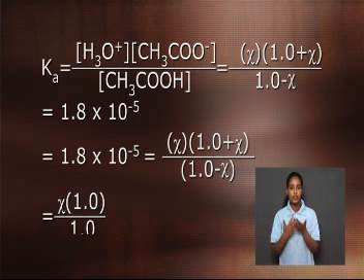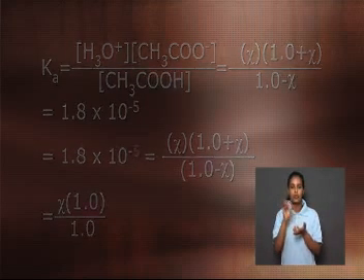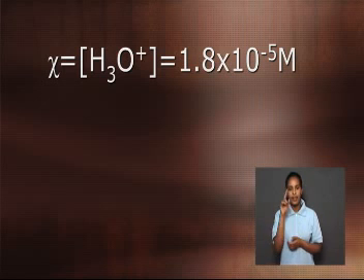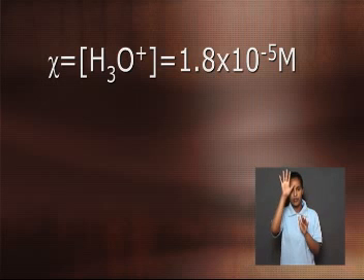This can be simplified to X times 1.0 over 1.0. X equals hydronium concentration, which is equal to 1.8 times 10 to the power of negative 5 moles per liter.